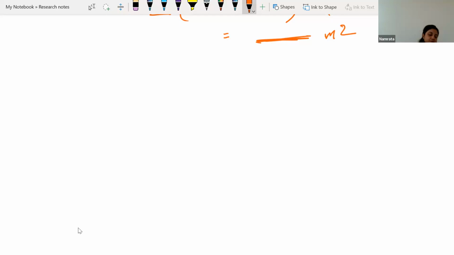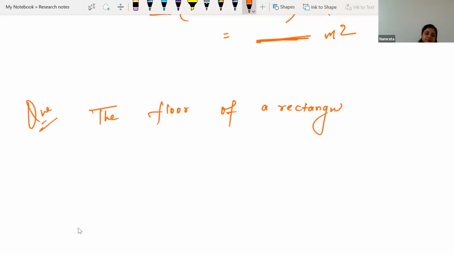Okay, so it says that the floor of a rectangular hall has a perimeter 250 meter.